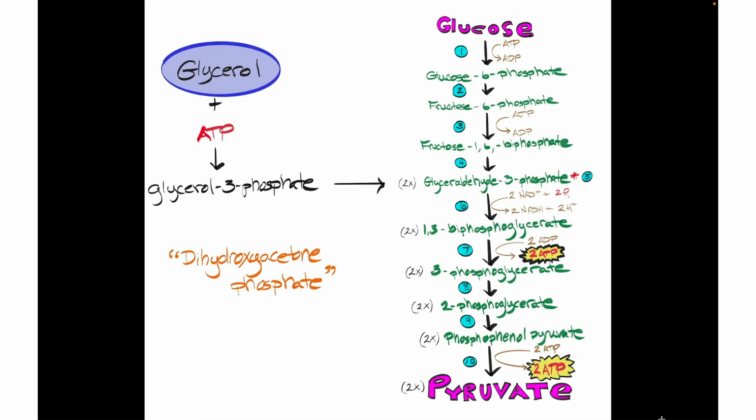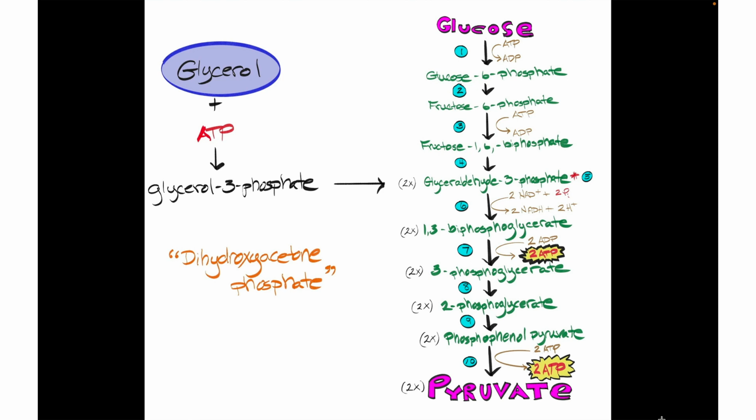So glycerol will be converted ultimately into glyceraldehyde 3-phosphate and then proceed. Keep in mind, we are only dealing with one molecule of glycerol, hence one molecule of glyceraldehyde 3-phosphate, not two that would have been created from glucose.